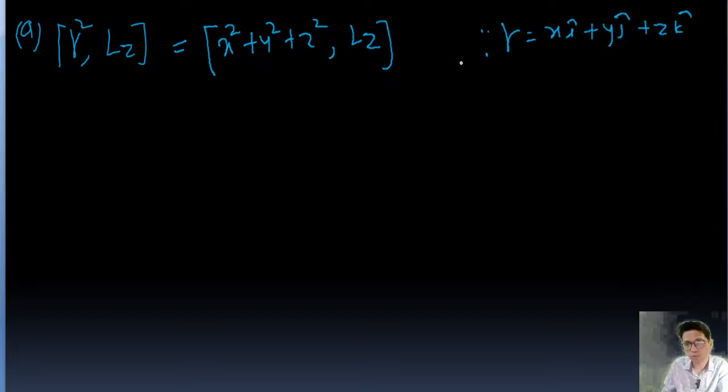So the mod square of r, or r square, is going to be this one.